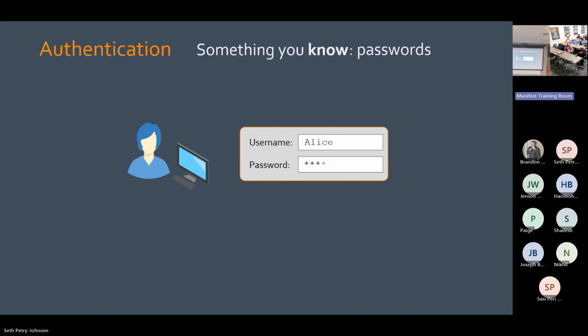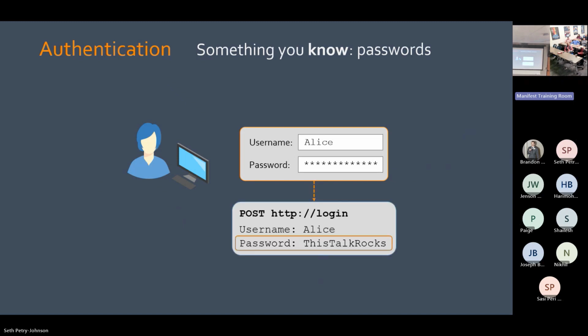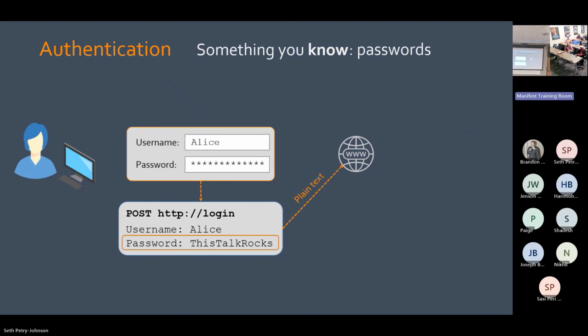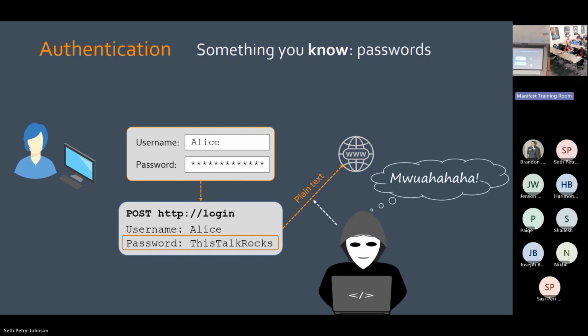So here's our lovely user Alice logging into our website. And even though the password is masked on the screen, it's still included in a form post as plain text. So it goes out over the wire as plain text. So if Alice is sitting at her local coffee shop on their free Wi-Fi, her credentials could be visible to anyone else who's eavesdropping on that same Wi-Fi connection, or really anywhere else on the internet between her and the server.